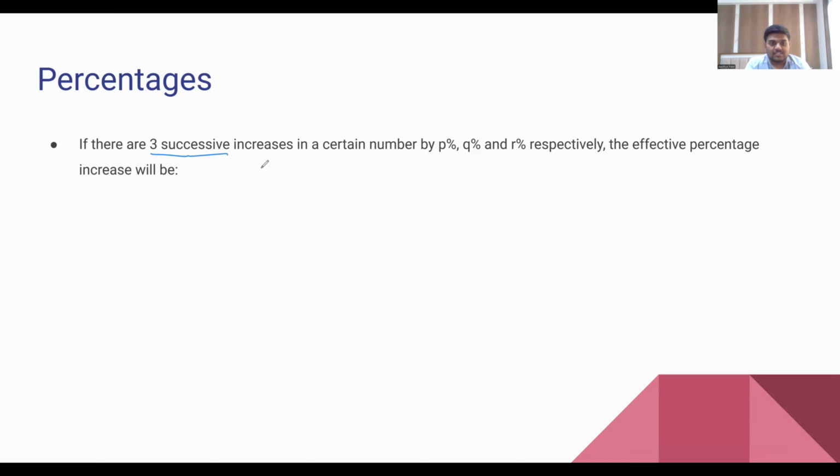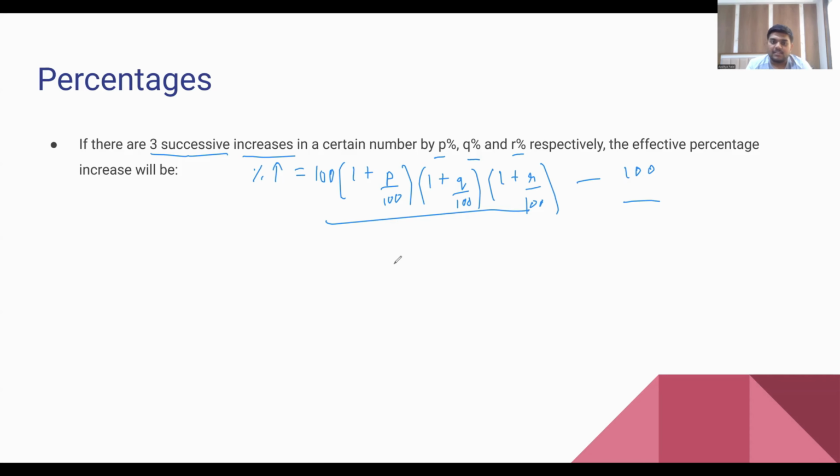If there are three successive increases in a certain number by p%, q% and r% respectively, the effective percentage increase is equal to (1 plus p by 100) into (1 plus q by 100) into (1 plus r by 100), and all these values multiplied by 100 minus 100, because it will tell the final percentage, this quantity. So subtraction by 100 is necessary.